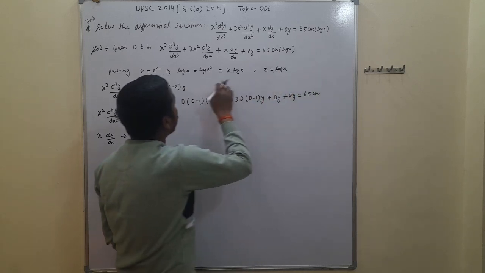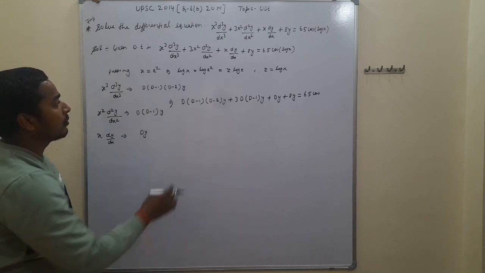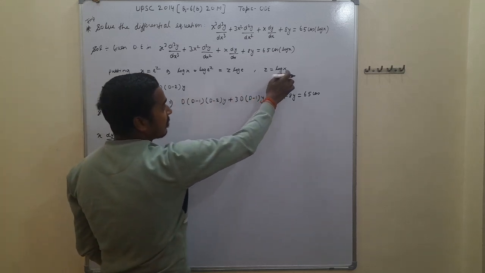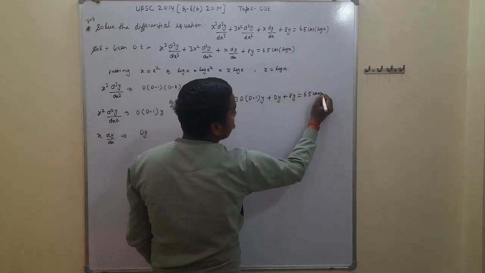Here let x is equal to e to the power of z, and taking log both sides we get z is equal to log x, so in place of log x we put z.